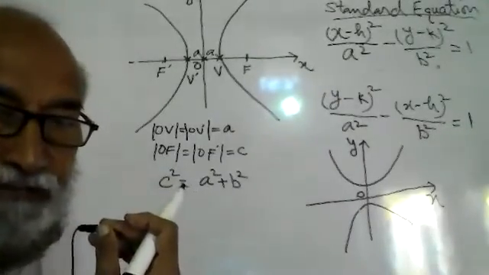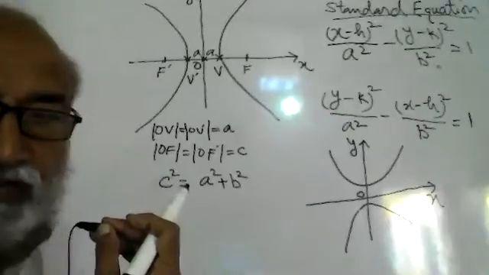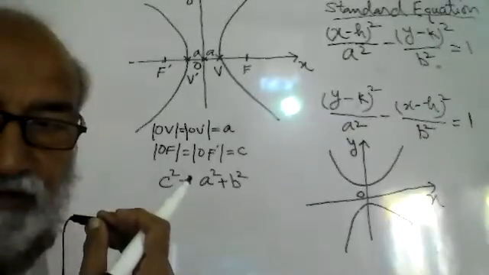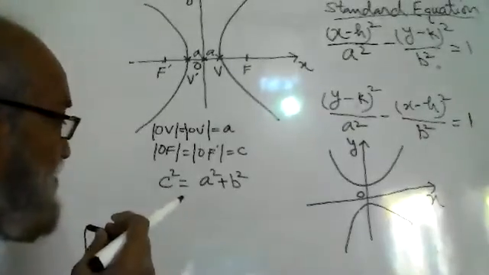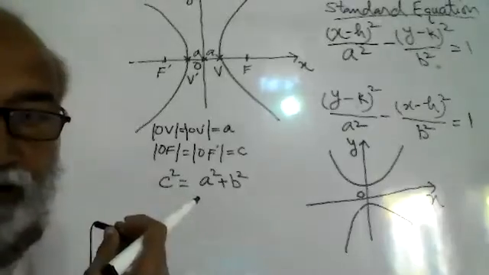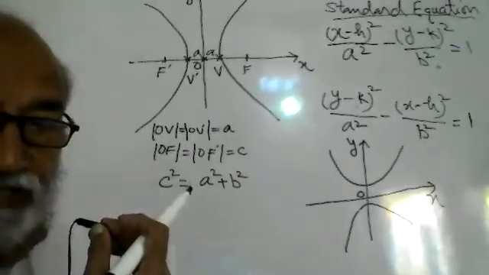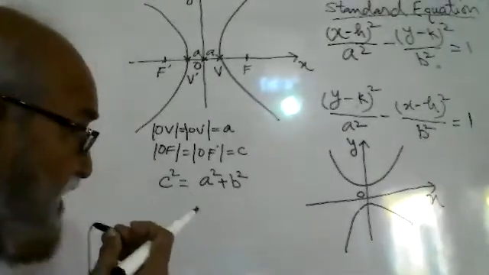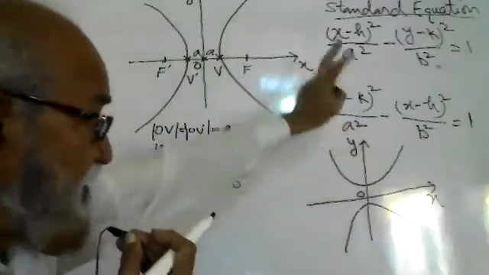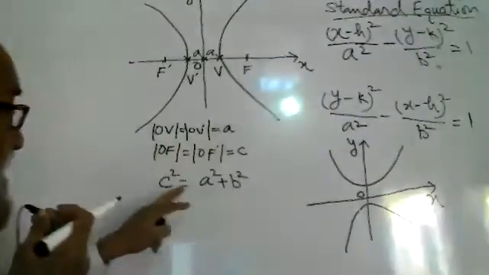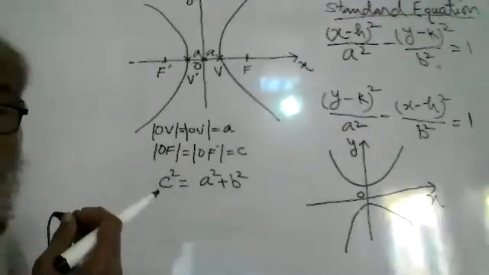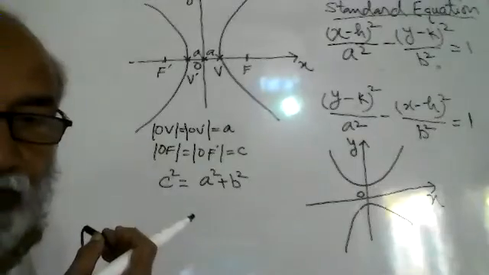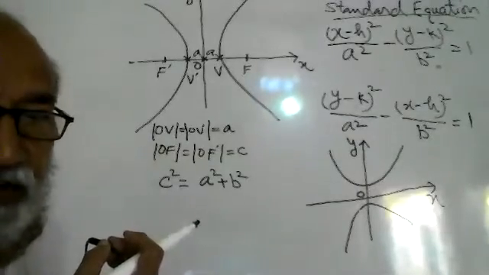Before that, in the ellipse, C square was equal to A square minus B square. But in the hyperbola, C square is equal to A square plus B square. When A square and B square are in the equation, to find C, C square will be A square plus B square.